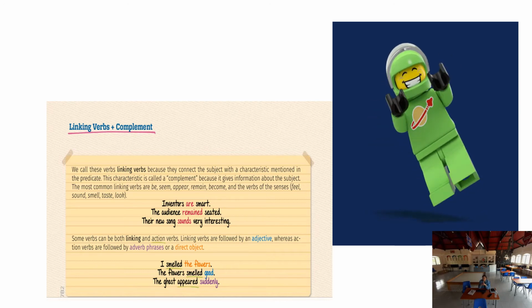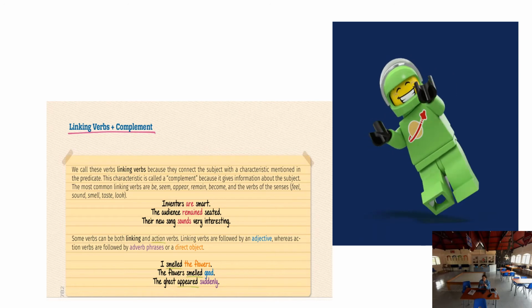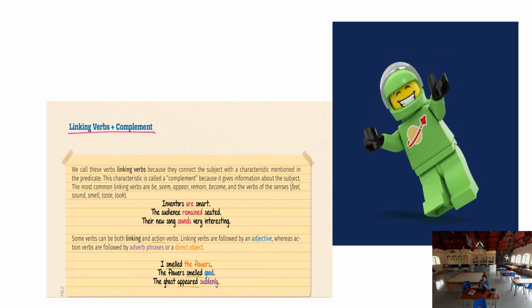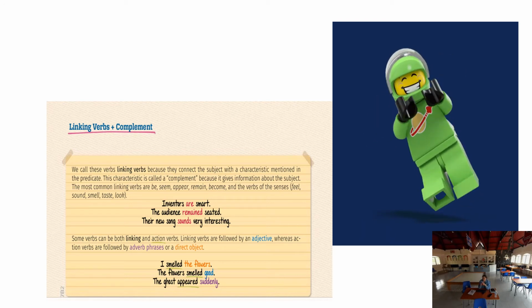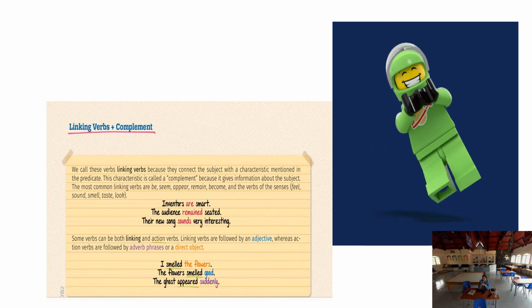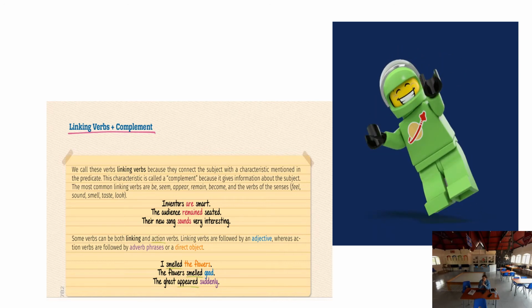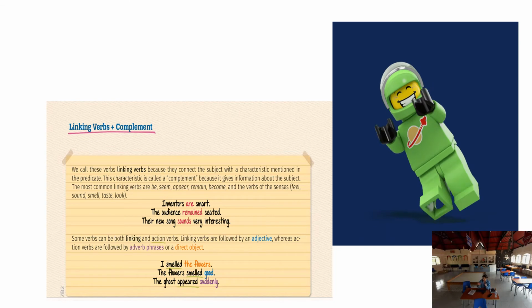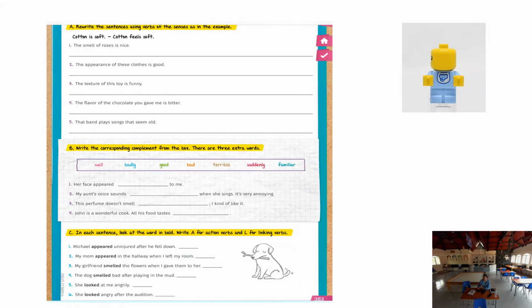The ghost appeared suddenly. It's telling me how the ghost appeared. So I just have to check. If it's followed by an adverb phrase or a direct object, then it's not a linking verb, but an action verb. Okay? Easy cheesy.